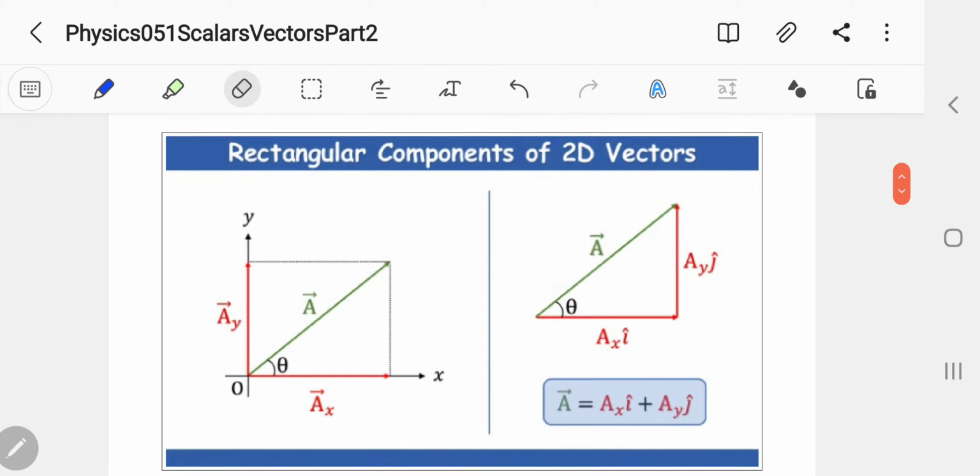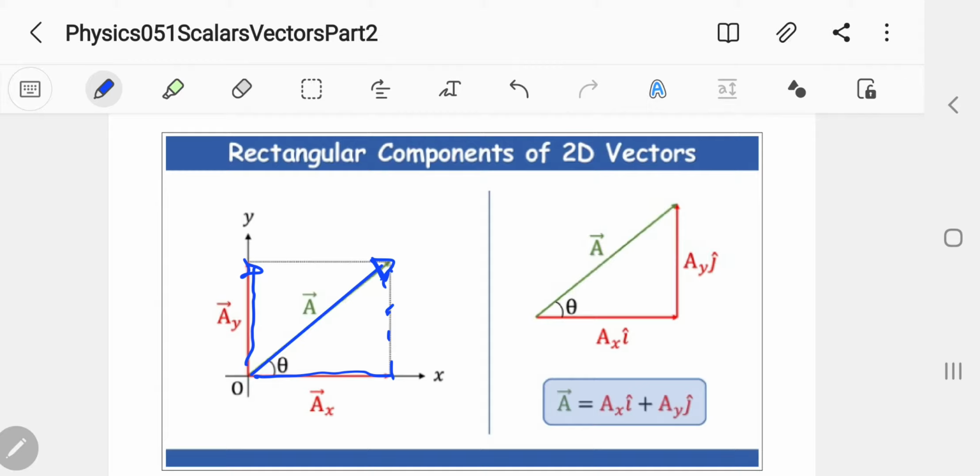So for example, if you have a two-dimensional vector, meaning it lies on a plane, you have A here, you have A on this vector, so it has a projection on x here, and then you have a projection also of A on the y-axis here.